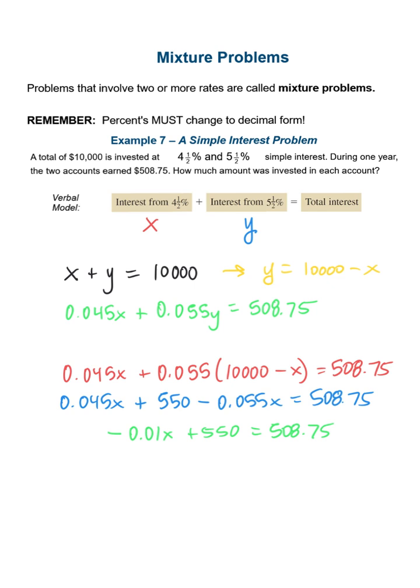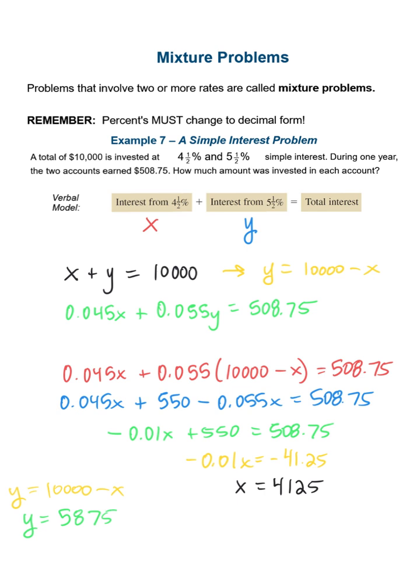Subtract the 550 from both sides, and you have negative 0.01x equal to negative 41.25. And when we divide, we get x is equal to 4,125. We like that because we know, if we look back, y is equal to 10 grand minus x. So my y value is equal to 5,875. So there I've answered.